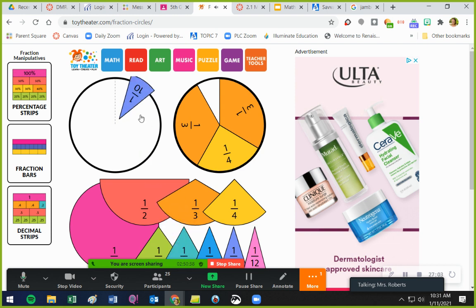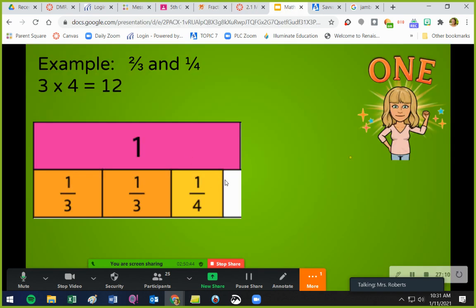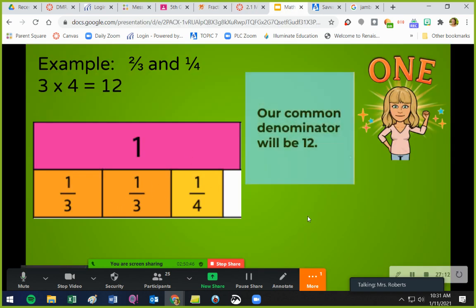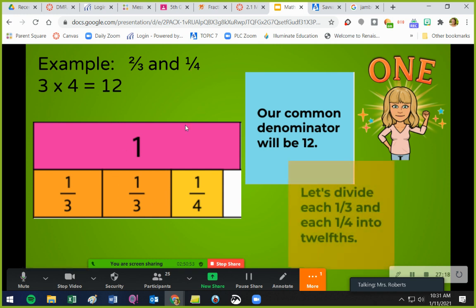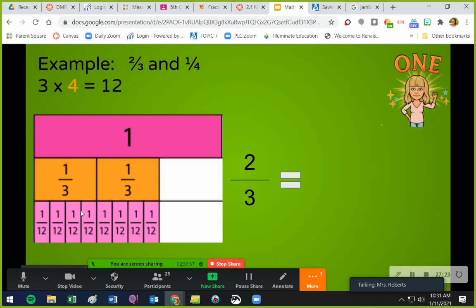So we need to figure out what number I can divide these up into to make them equal size pieces. Our common denominator will be 12 because I just did 3 times 4. So now I'm going to divide each of these up into 12ths. I can see I've taken all of these and split them into 12ths.